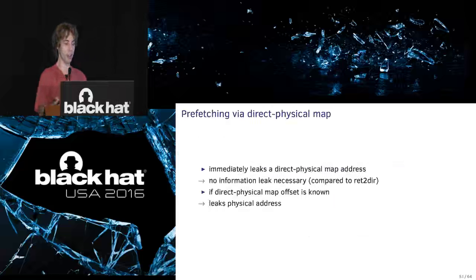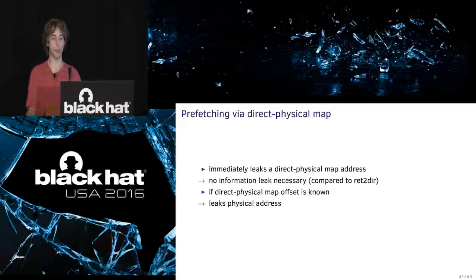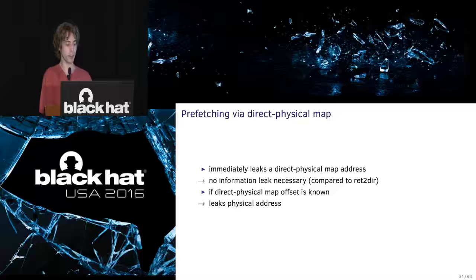This is great because this immediately leaks an address that we can exploit in a ret2dir-like attack, and we don't need an additional information leak. We don't need the physical addresses. But if we know the base offset of the direct physical map, then we also have the physical address. And knowing the physical address, we can use that later on for other attacks.